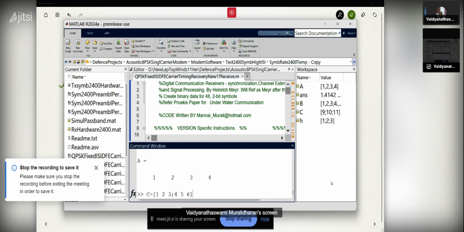This is a 2 by 3 matrix. We can have element by element operation actually. For example, we can multiply each element of A by each element of C itself actually.